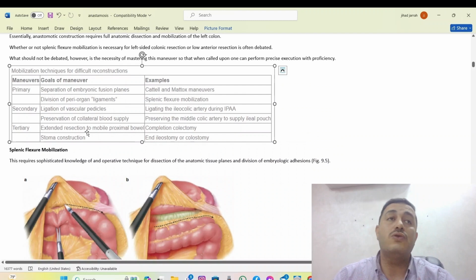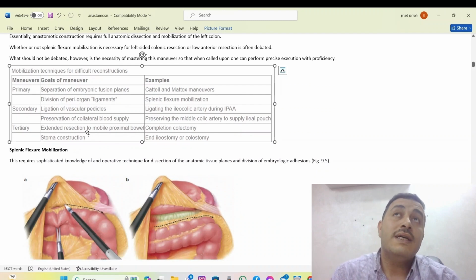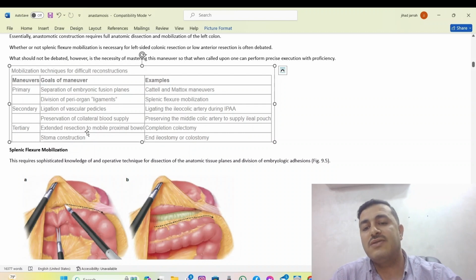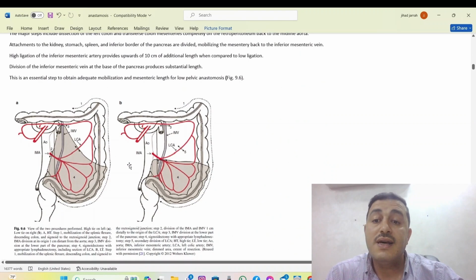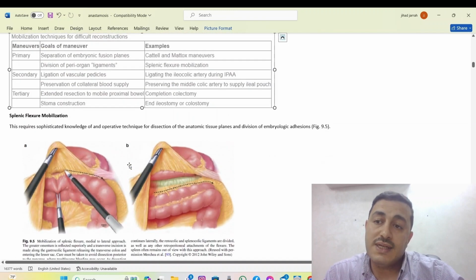Secondary maneuvers include the vascular pedicle ligation. We will see in a few seconds how high ligation and low ligation give us extra length for our segment to reach the distal segment with no tension.